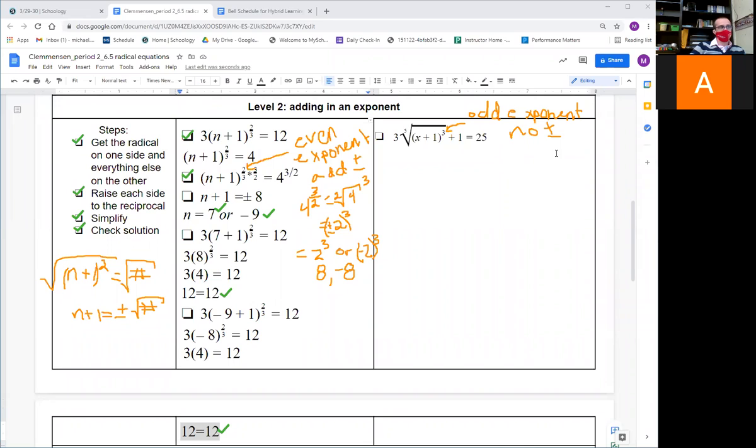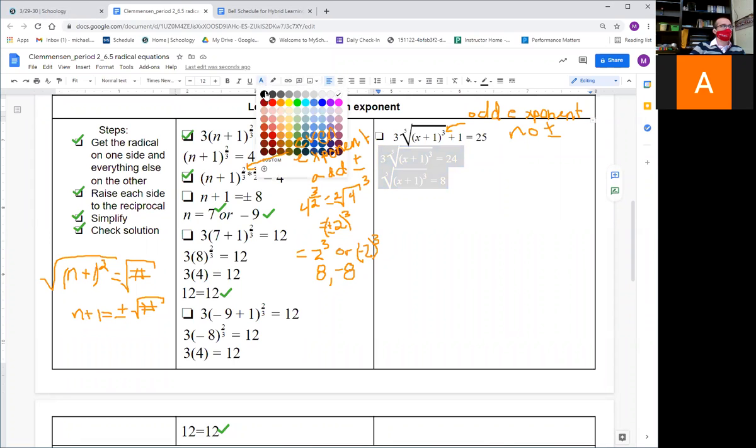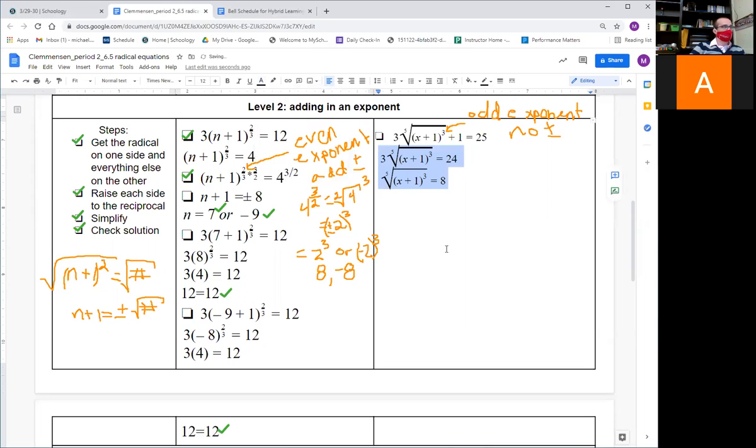Let's go over the second one then. Same process, get everything over on the same side. Subtract 1, divide by 3. So whatever you want. I'm going to then rewrite the 3 and the 5 as 3/5 power.